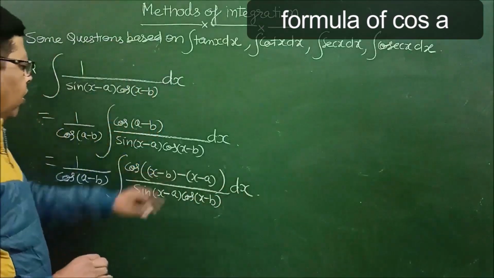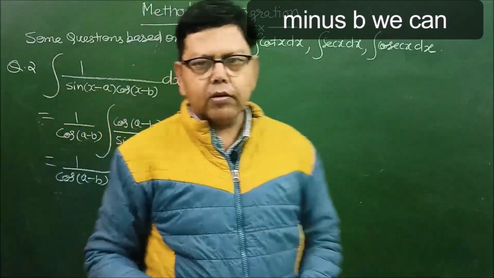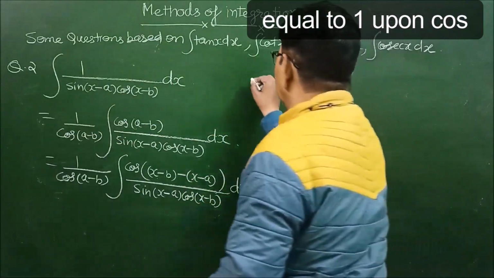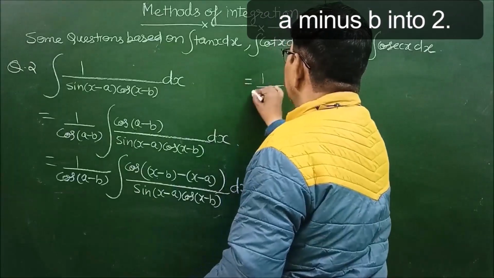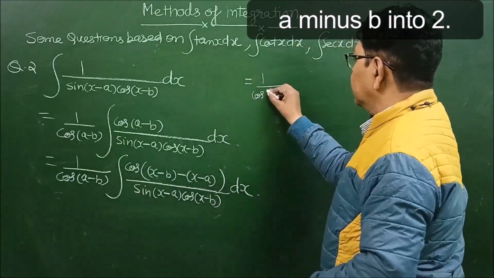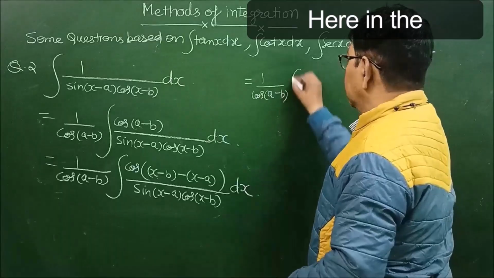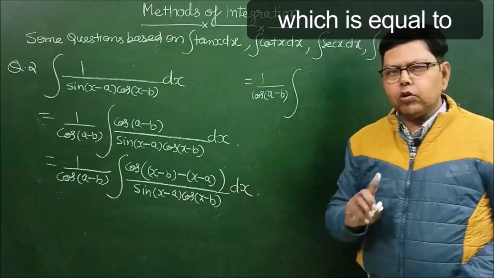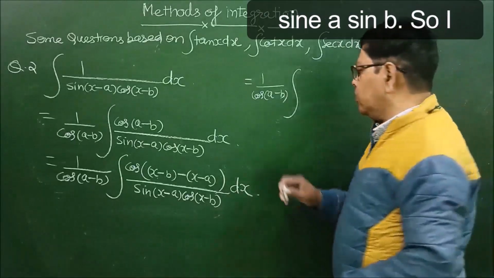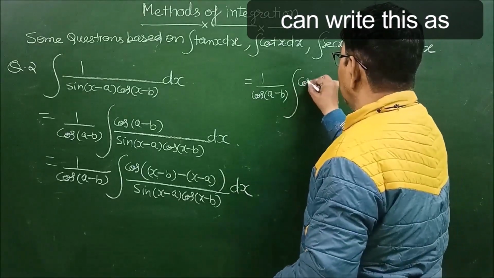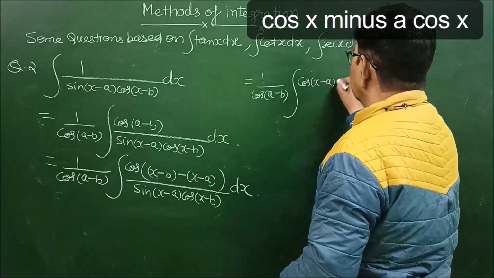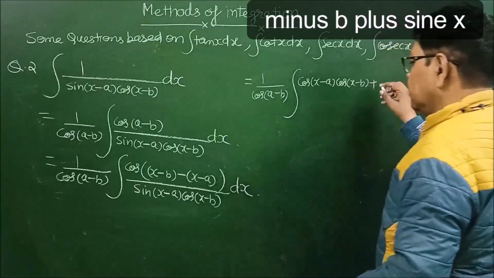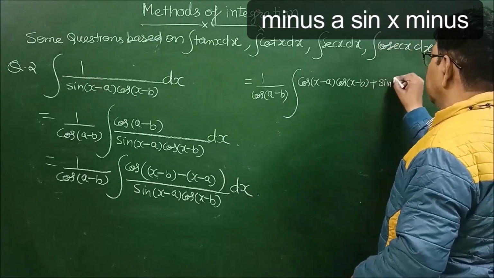Now using the formula of cos (A minus B), we can expand the numerator, which is equal to 1 upon cos (a minus b) into, in the numerator, the formula of cos (A minus B), which is equal to cos A cos B plus sin A sin B. So I can write this as cos (x minus a) cos (x minus b) plus sin (x minus a) sin (x minus b).